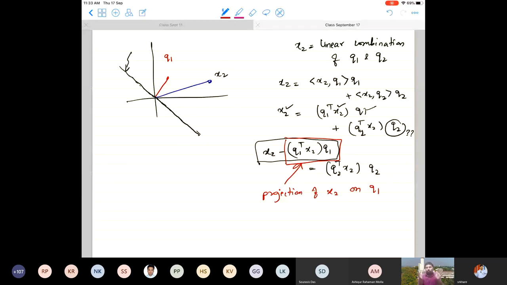Because of the orthonormality of q1, q2, x2 can be compartmentalized into different directions: q1, q2, q3, q4, and so on. Do you agree with what I'm saying? I am trying to remove the direction which I already know. I know the component of x2 in terms of q1. I am just removing that through the projection. So whatever is remaining now is purely in the new direction. Do you agree?